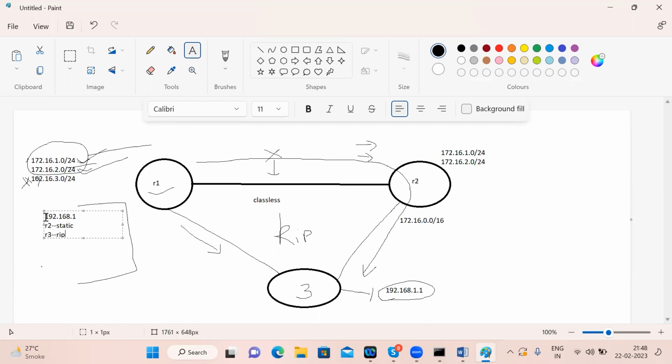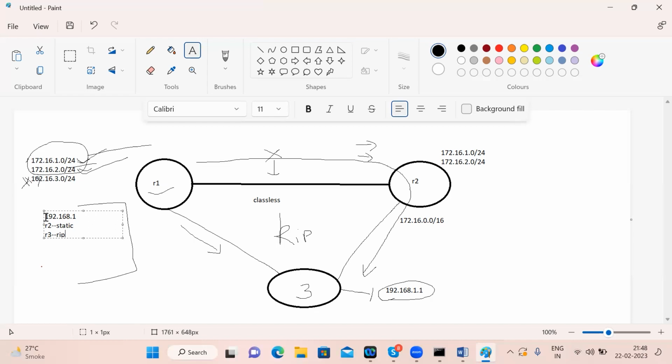Getting the basics of administrative distance: why is administrative distance used between different routing protocols? To give a preference to your routing protocol when you are working with a multi-protocol environment. In this topology, you have multiple protocols: one is static and the second one is RIP.